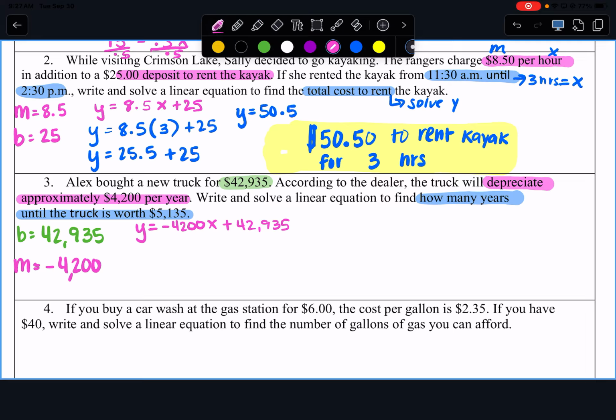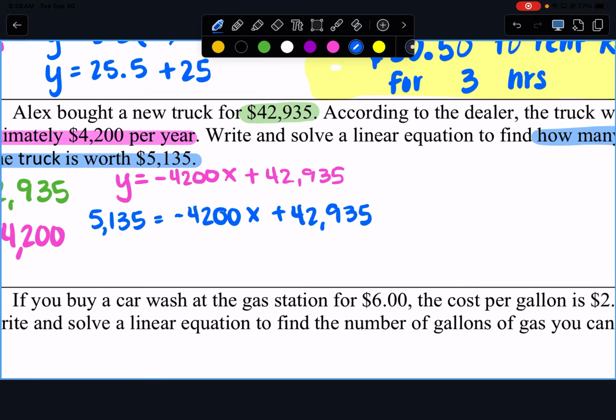Am I solving for x or y here? X, because it's saying how many years. So that tells me I'm solving for x. What do I need to plug in for y? $5,135 is equal to negative 4,200x plus 42,935. How do I solve that for x? What do I do?